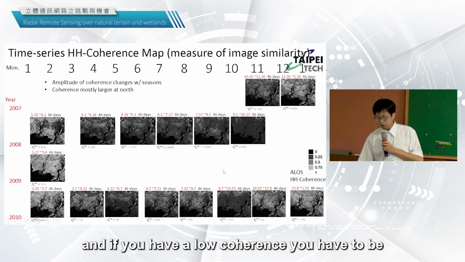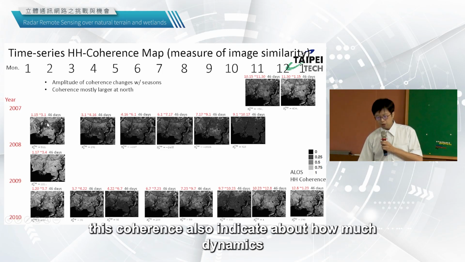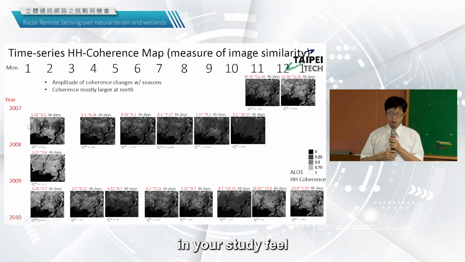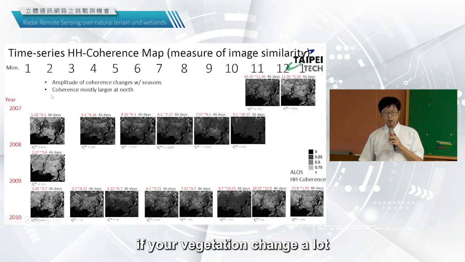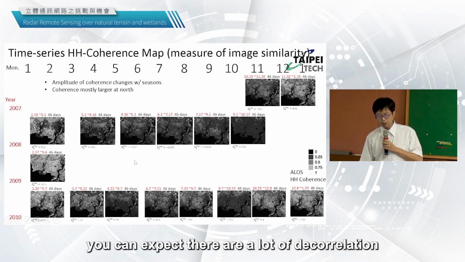If you have a low coherence, you have to consider whether it's good to use those phases to infer your water level. On the other hand, coherence is also an indicator of how much dynamics there are in your study field. If your vegetation changes a lot, that means it's not that similar to the previous one, then you can expect a lot of decorrelation.